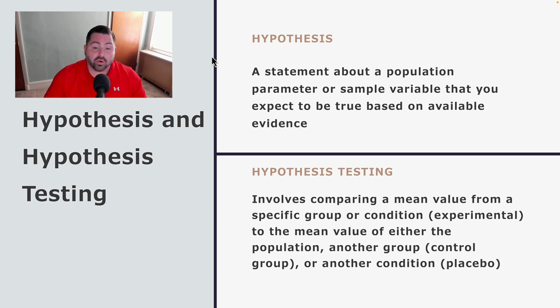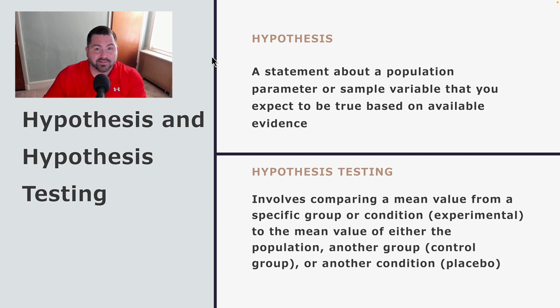And so the goal here is to compare the mean value of an experimental group or an experimental condition to another known population variable, to a different group's mean or average value, or to a different condition value with the same group of people. So the way that it works is we are collecting sample statistics and we're trying to generalize and infer back to a population of interest.